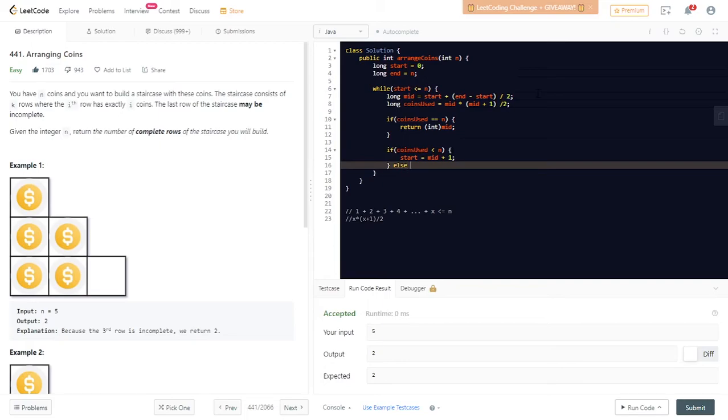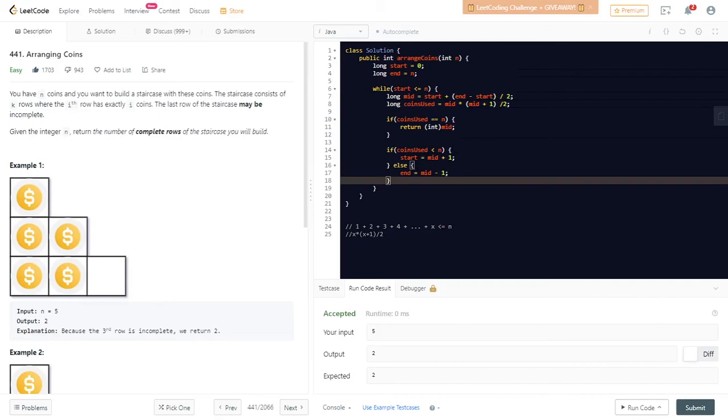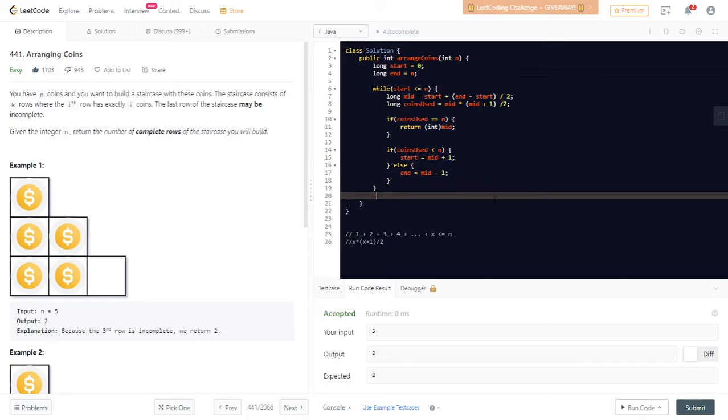If that's not the case, end equals mid minus 1, reducing the search space, as coins used is more than n, so we are slowly decrementing the value of mid towards the number of coins used. This is a simple binary search formula. At the end we could return the end value. I hope this would run, fingers crossed.